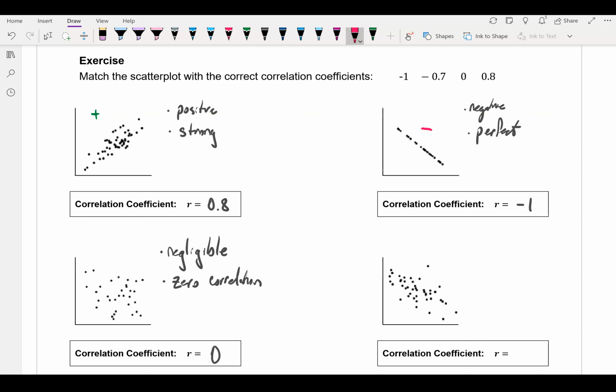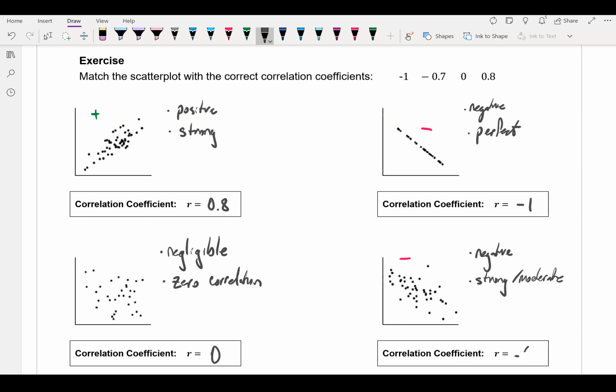If you had to guess at this one, what would you say? Well, I would say for sure that it's pretty clear there's a negative going on here. So for sure that's a negative. And we only have one option left. It's -0.7. But you should say yourself it's still pretty strong going downhill. Probably strong or moderate if I had to guess.